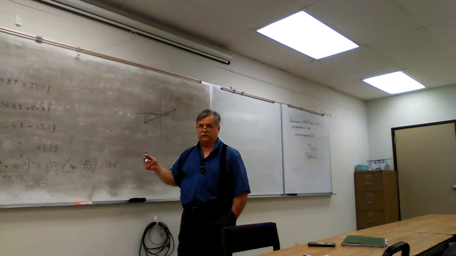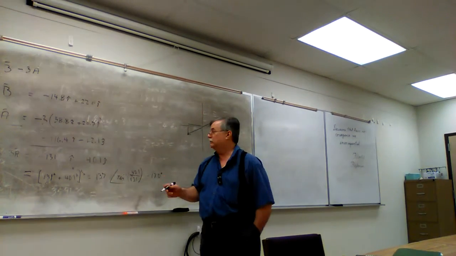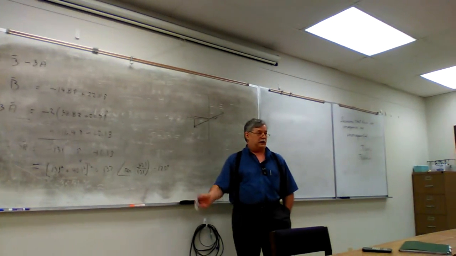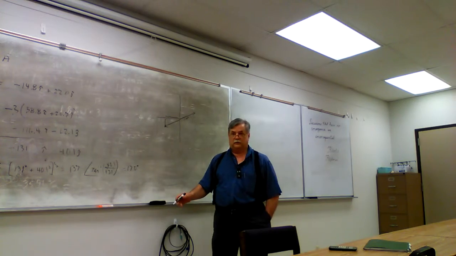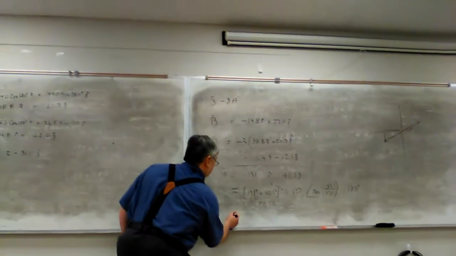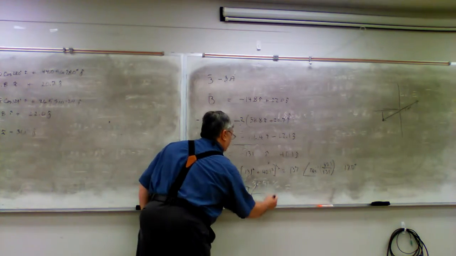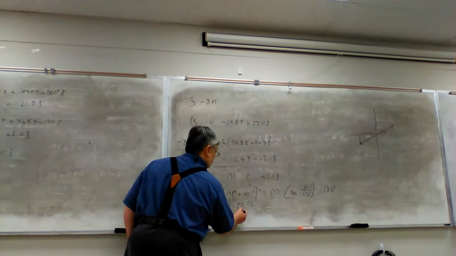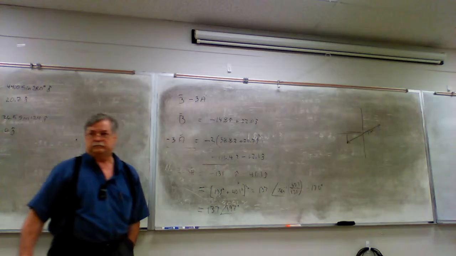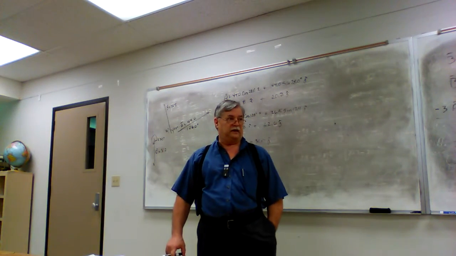This is one of those times where you have to keep track of where your vector is pointed. So to that 17 degrees, you would add 180 degrees, which would give you a final vector of 137 units at an angle of 197 degrees. Does everybody understand what happened there?